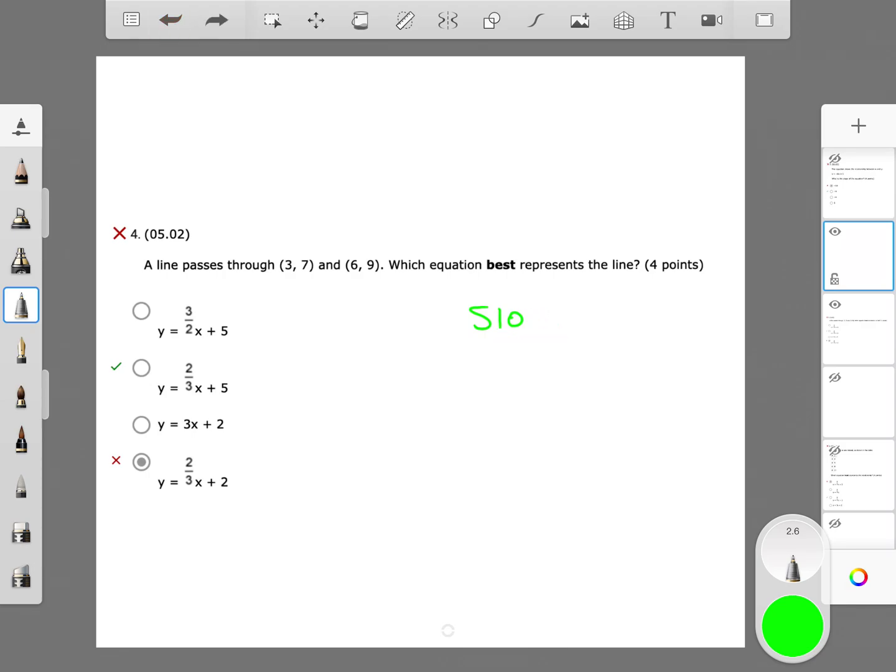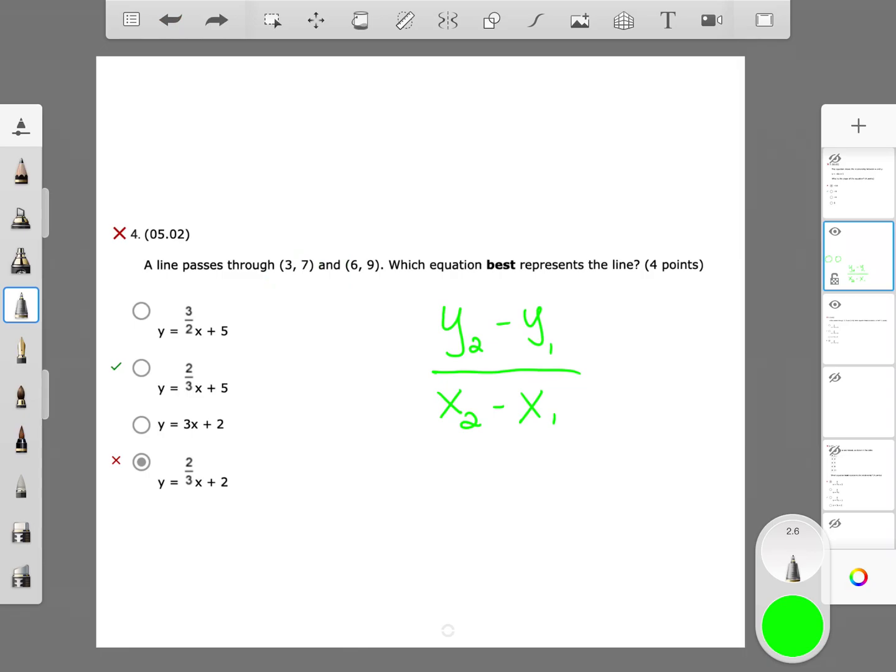So for slope, we're going to take a look at y2 minus y1 over x2 minus x1. And they have very conveniently provided us with 2 y's and 2 x's that we can subtract.